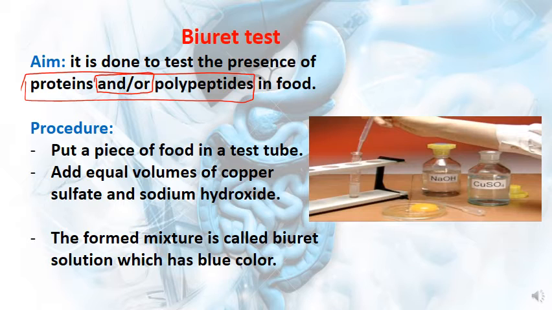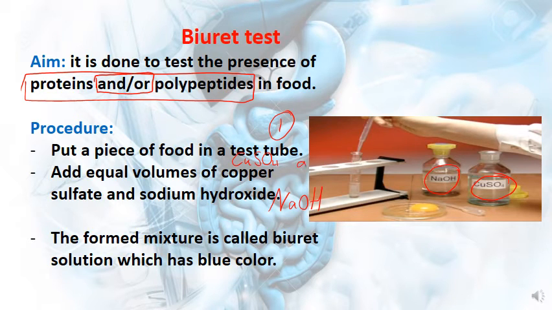So procedure, what do we have to do? We have to put a piece of food in a test tube. This is the first step. Second, we have to add equal drops of copper sulfate, CuSO4, and sodium hydroxide, NaOH.